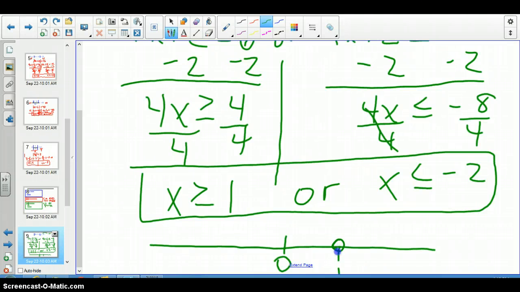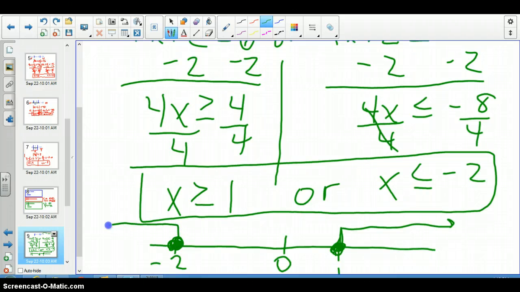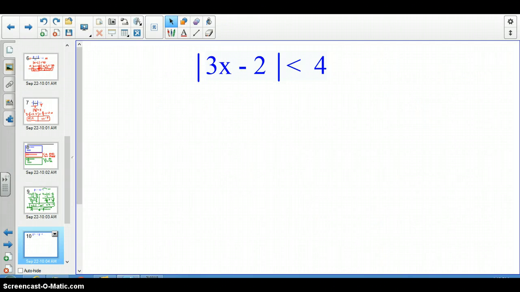So it's a closed-in circle, greater, going to the right. Then x is less than or equal to negative 2. Closed-in circle. Less than, going to the left. So this or inequality should be graphed going away from each other. In this case, it does.